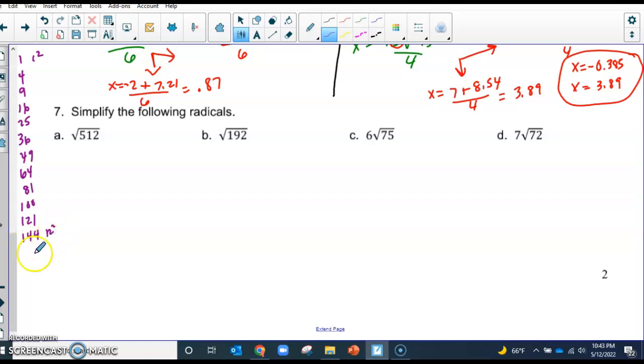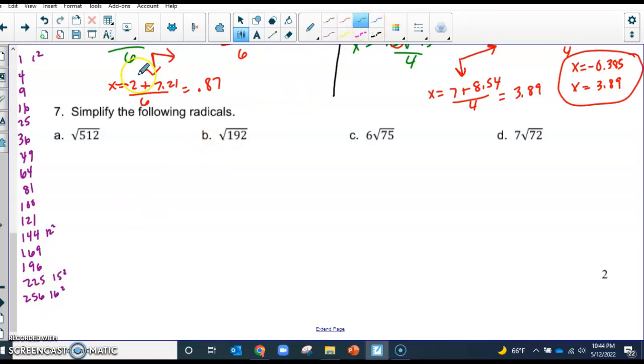So that's going to be 12 squared. 169 is 13 squared, 196 is 14 squared, 225 is 15 squared, and 256 is 16 squared.